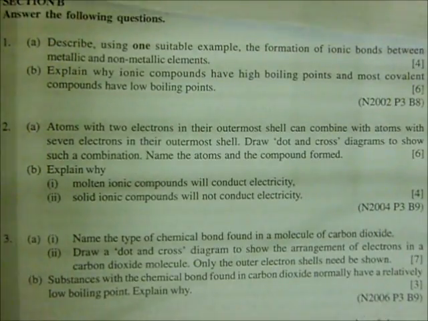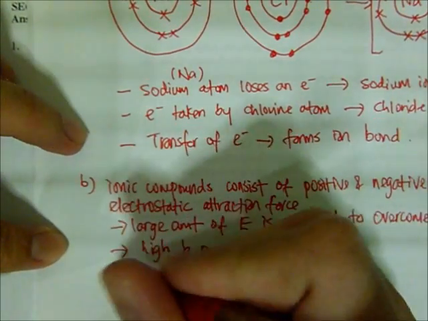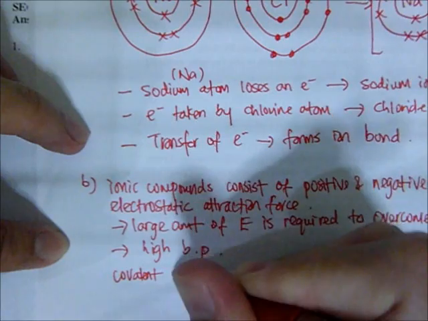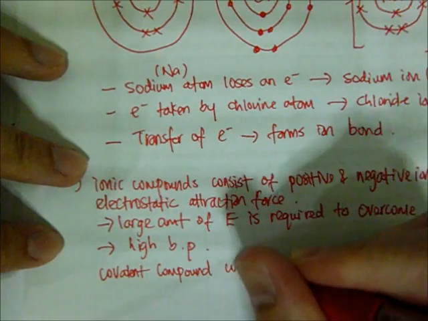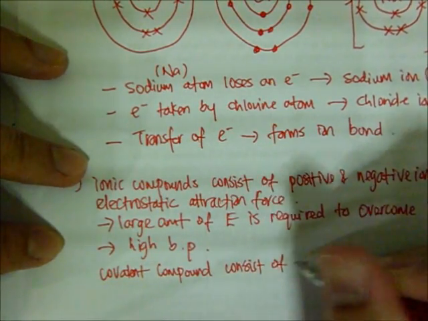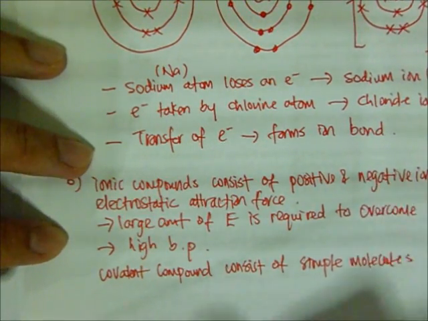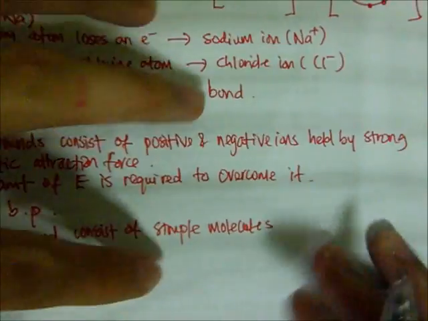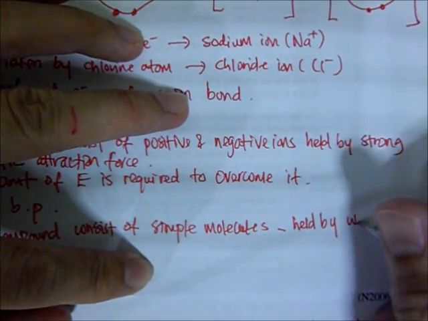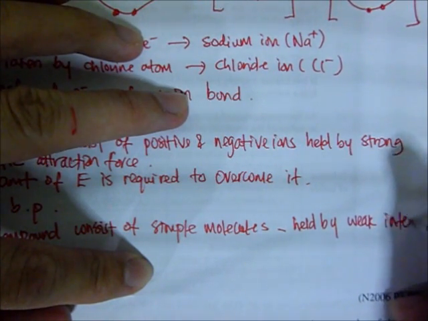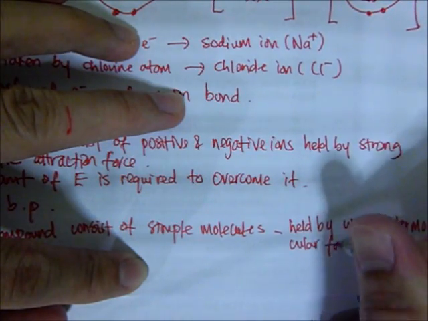Okay, so you have to say covalent compound consists of simple molecules, and these simple molecules are held by weak intermolecular forces.